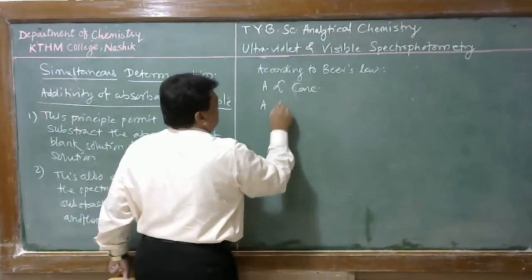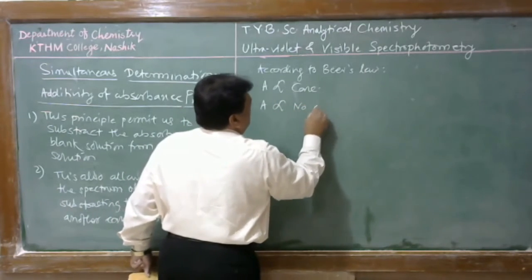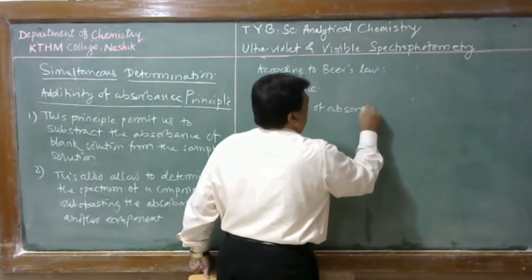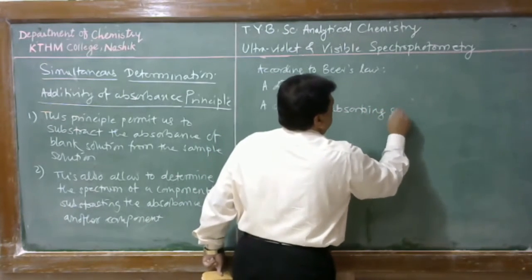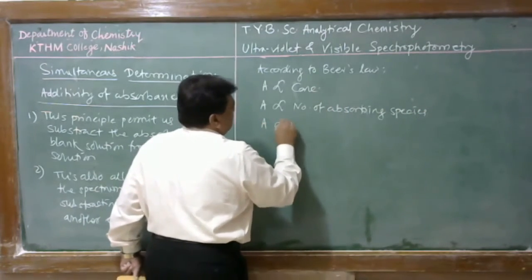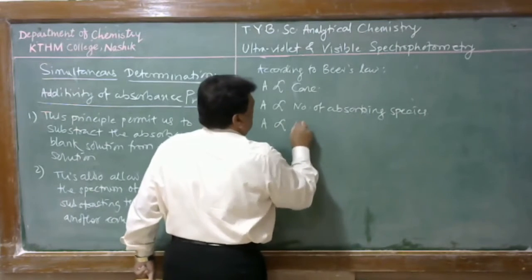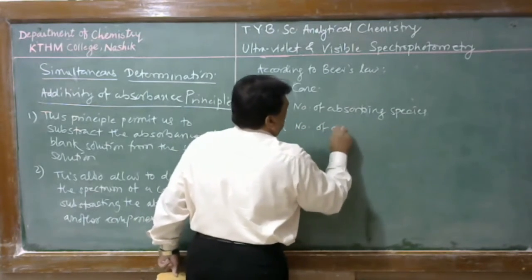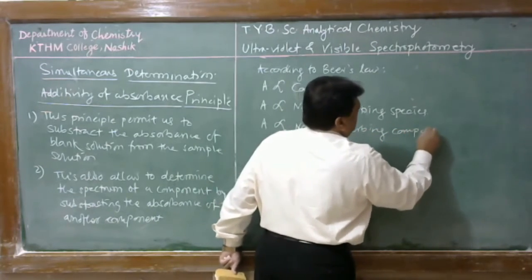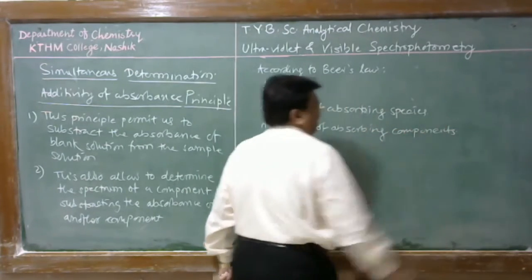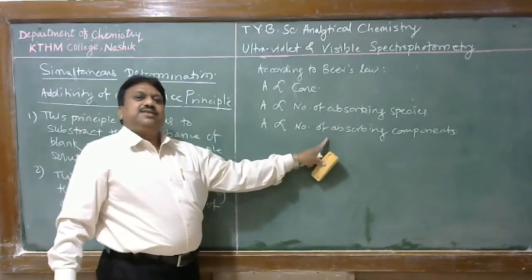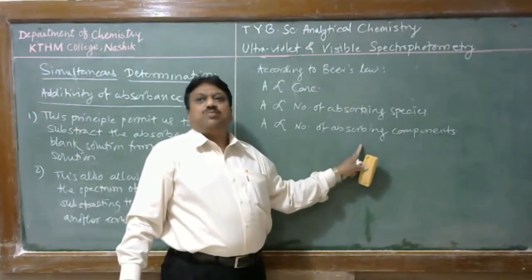That means absorbance is directly proportional to the number of absorbing species present in the solution. Or we can say that absorbance is directly proportional to the number of absorbing components in the mixture. Therefore, the total absorbance of the mixture is the sum of the absorbances of two or more components.